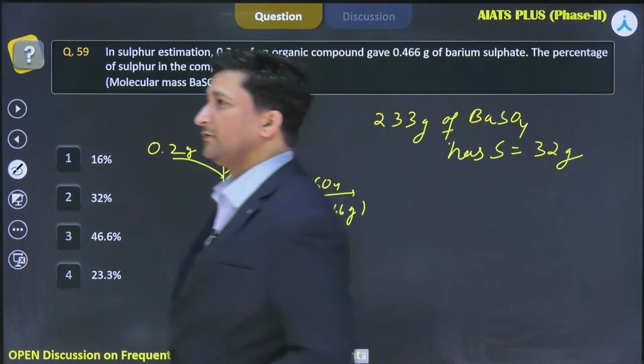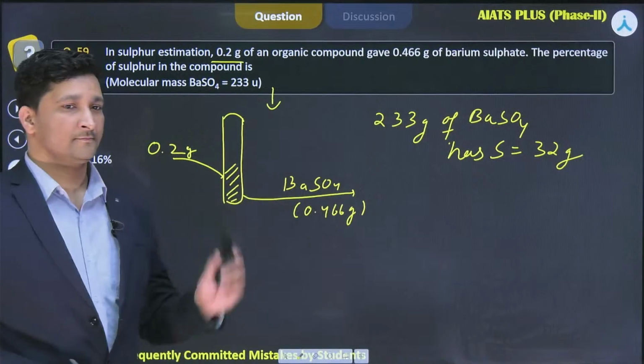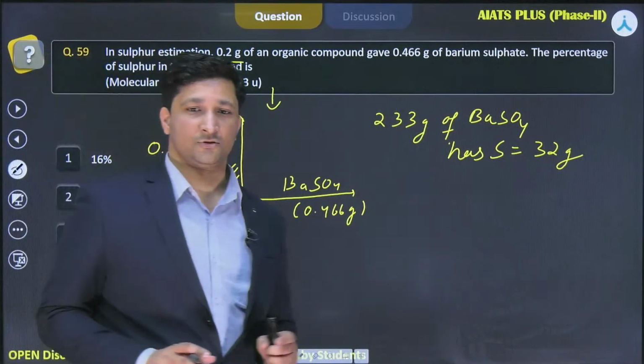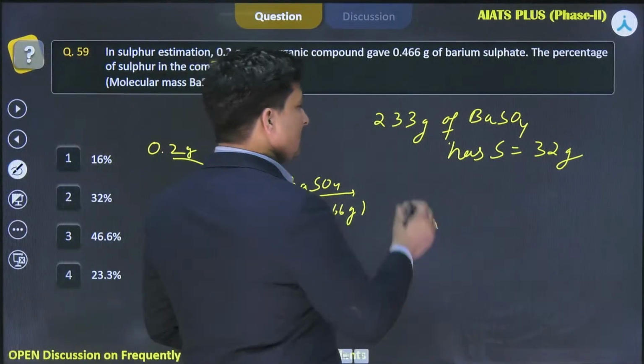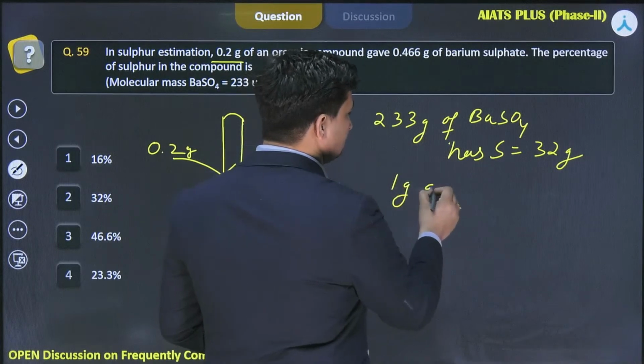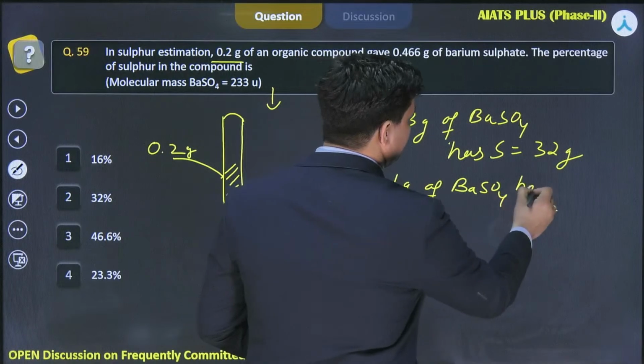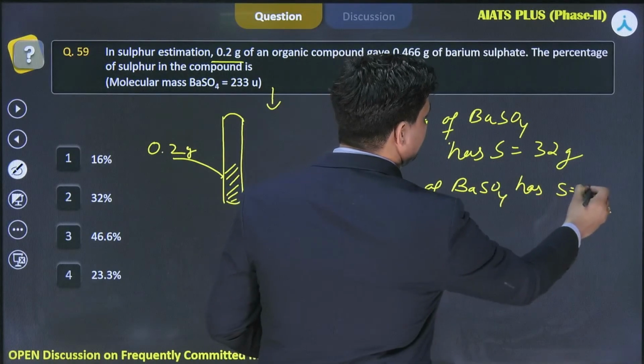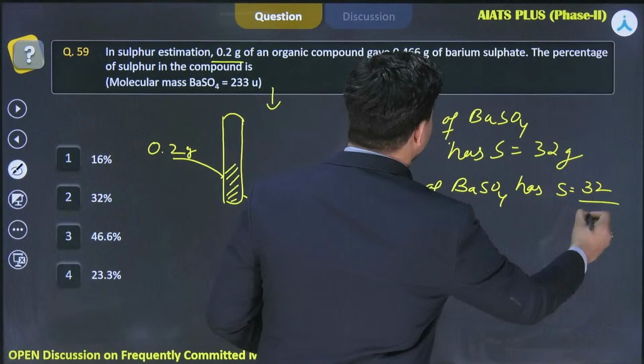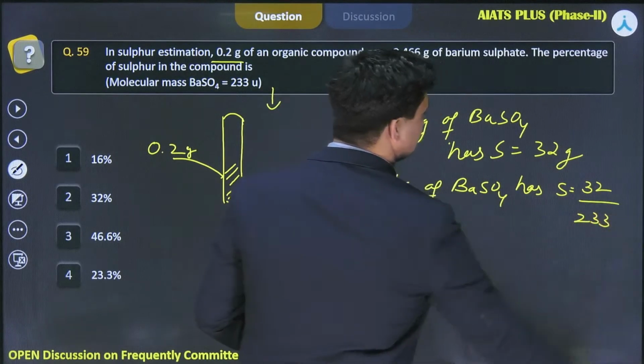Is this clear to all of you? See how the unitary method helps us in solving questions like this. You have to note down. So 1 gram of barium sulfate has sulfur equal to 32 by 233 gram.